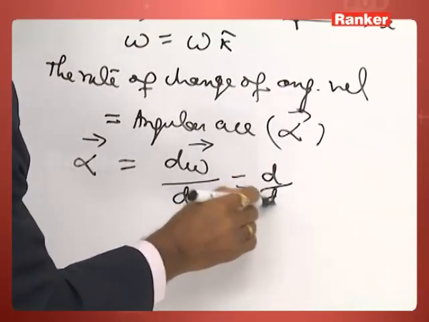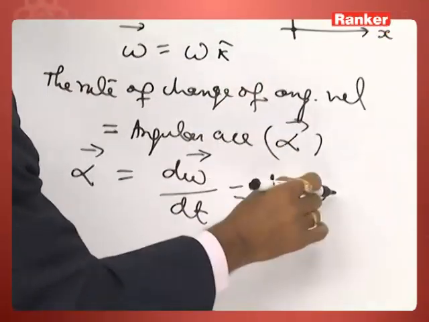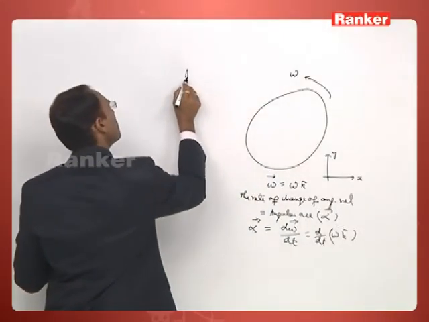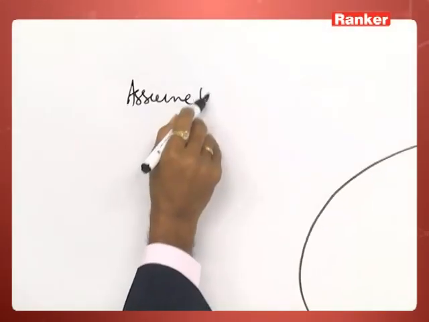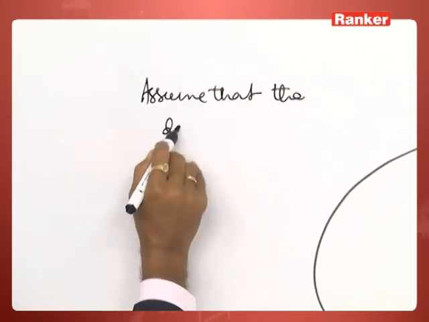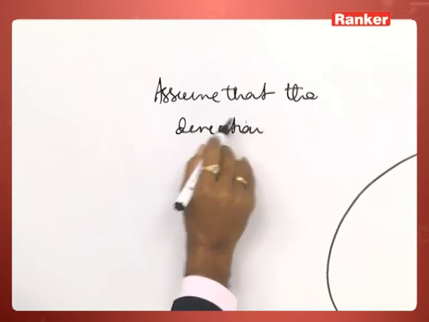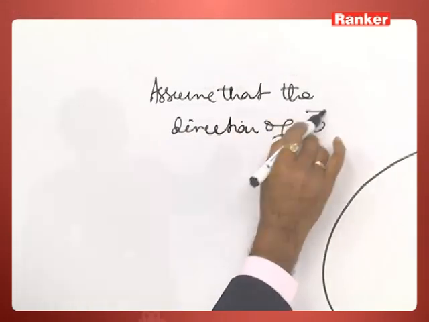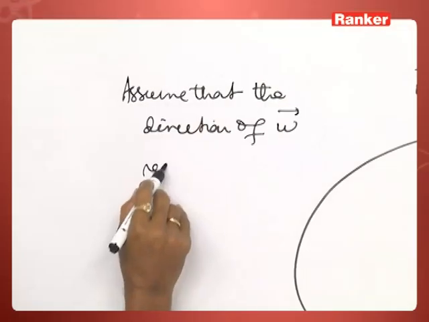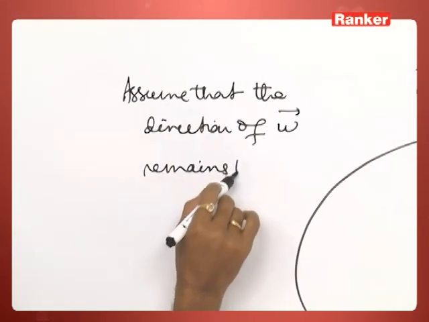Omega vector can be written as omega k cap. Here, what is the assumption? Assume that the direction of omega vector, or angular velocity vector, remains the same.